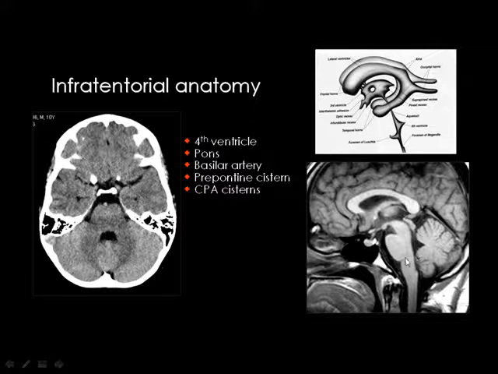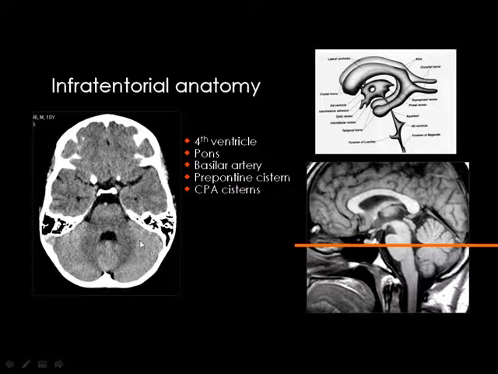The brainstem is composed of 3 parts, as you all know: the medulla oblongata, this is the pons, and this is the midbrain. If you have a section like this, cutting through the fourth ventricle when it is large, you know that anterior to the fourth ventricle is the brainstem, and posterior to it is the cerebellum.